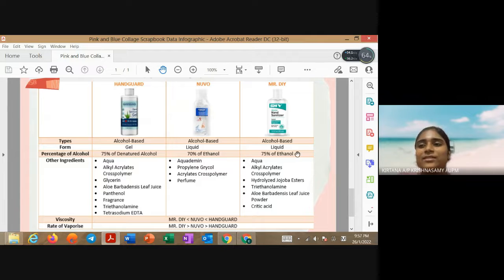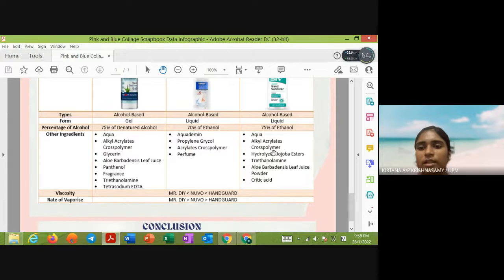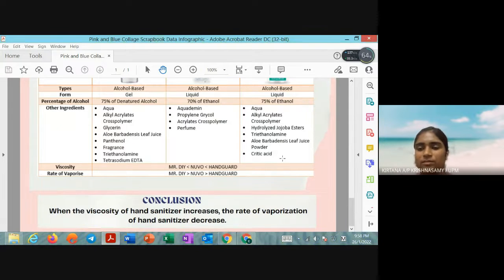All three contain more than that: 75% denatured alcohol, 70% ethanol, and 75% ethanol respectively. For the next part, I pass to Chai.